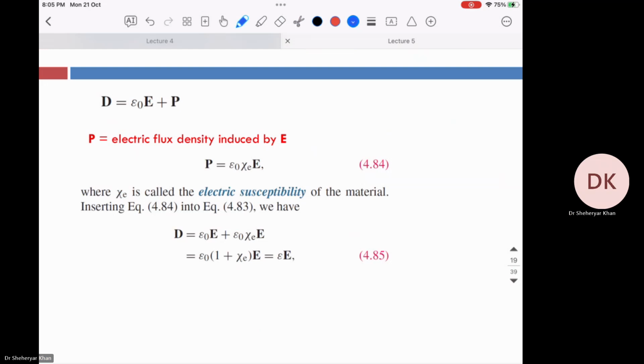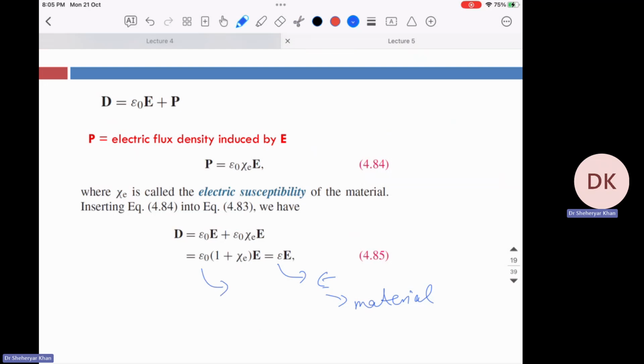Now, put this value here, and you'll get epsilon naught chi_e and this one. Take epsilon naught as common and you get 1 plus chi_e. Now, what is this? That's the epsilon, simple epsilon rather than epsilon naught. Now, this epsilon is what you use when you have some material, any material other than air.